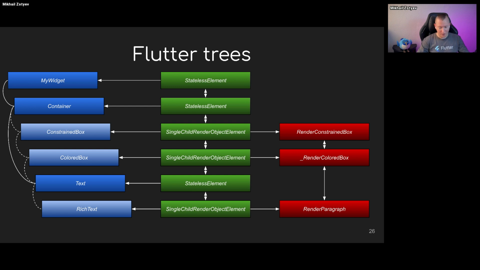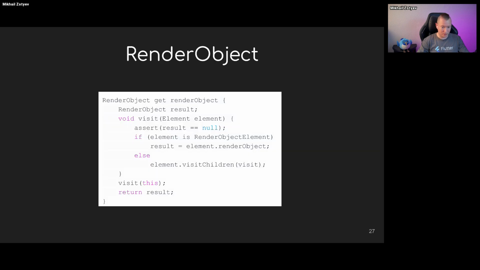So again, due to aggressive composability, we know that down the tree there is at least one render object, and we can utilize it and just go down the tree trying to find at least one element which has a render object. And after this, we can just return it, and we will know that this is the first render object that represents this subtree.